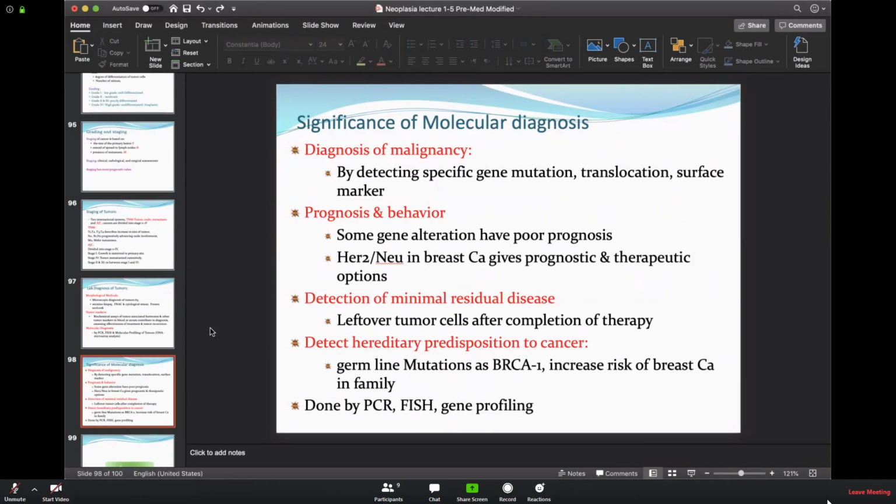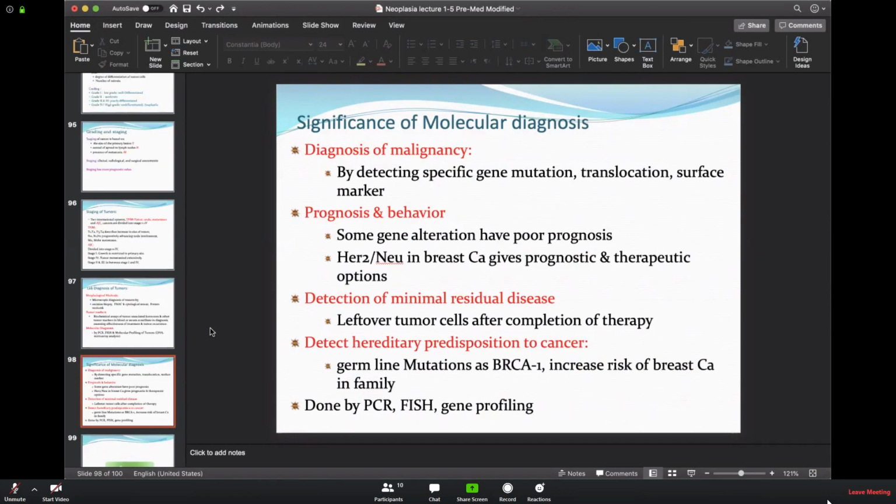So this is prognosis. Another use is detection of minimal residual disease, especially in leukemia, because sometimes it is very important to ensure that there are no residual cancer cells within the bone marrow, and we can identify minimal residual disease by identifying their genetic material in the bone marrow.